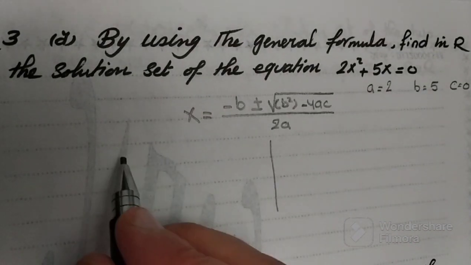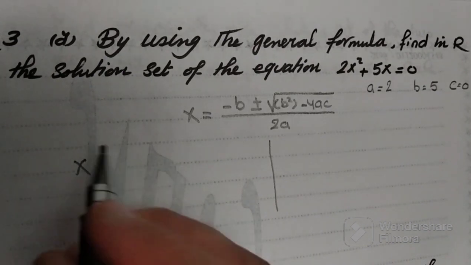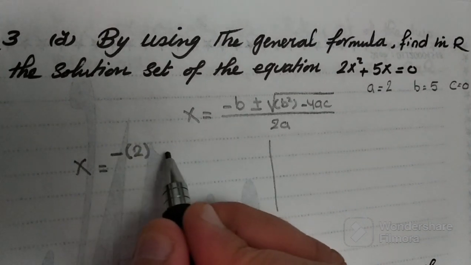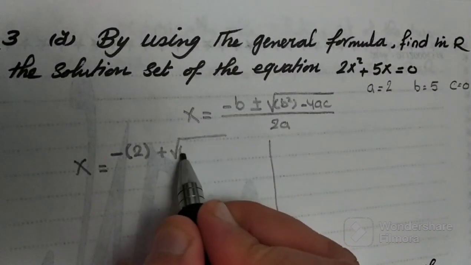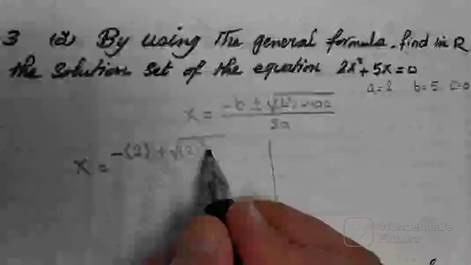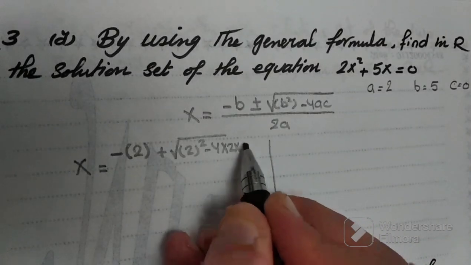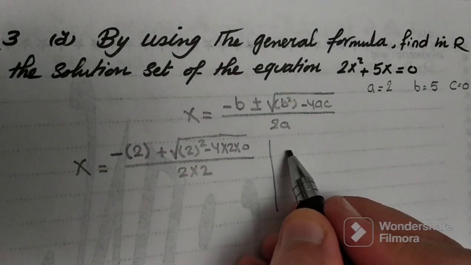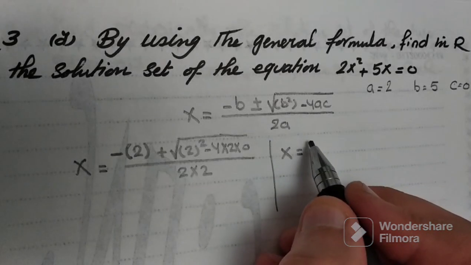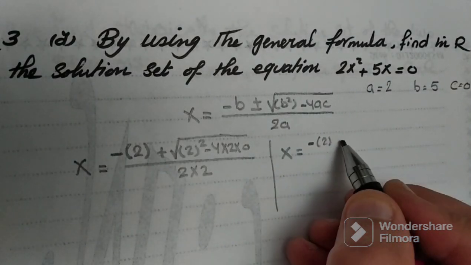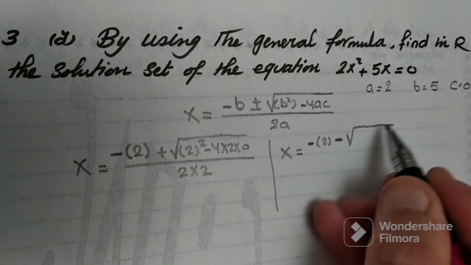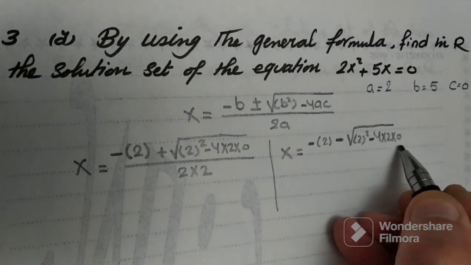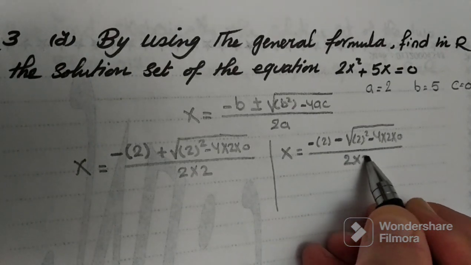And substitute in the general formula. x equals negative 2 plus the square root of 2 to the power 2 minus 4 multiplied by 2 multiplied by 0, over 2 by 2. x equals negative 2 minus the square root of 2 to the power 2 minus 4 multiplied by 2 multiplied by 0, over 2 by 2.